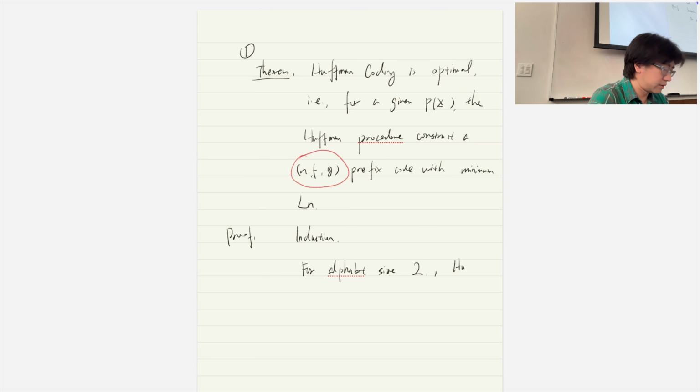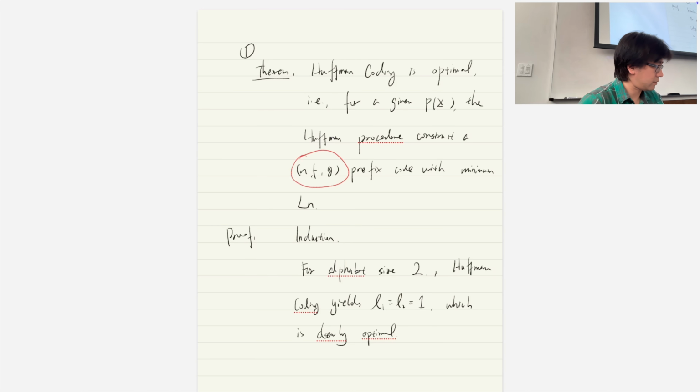So in this case, Huffman coding uses L1 equals L2 equals 1. Both of them only use 1 digit, and in this case, it is clearly optimal. Okay, so then the base case is done.